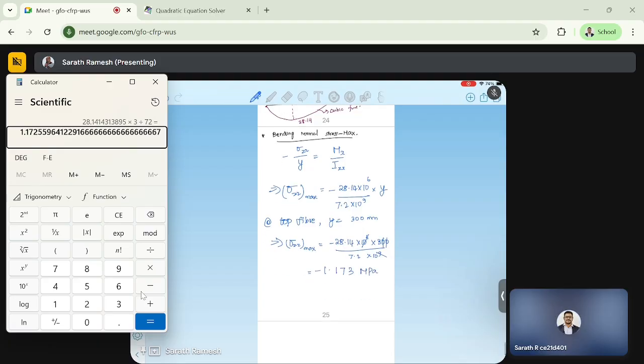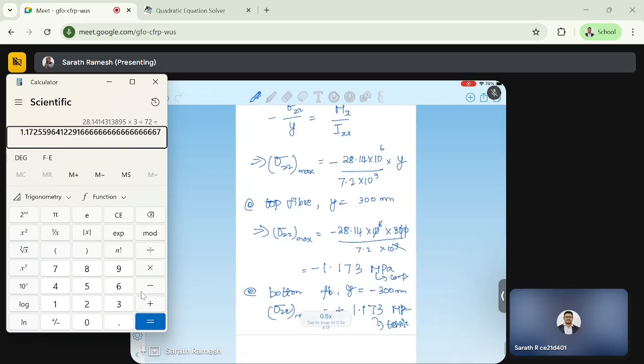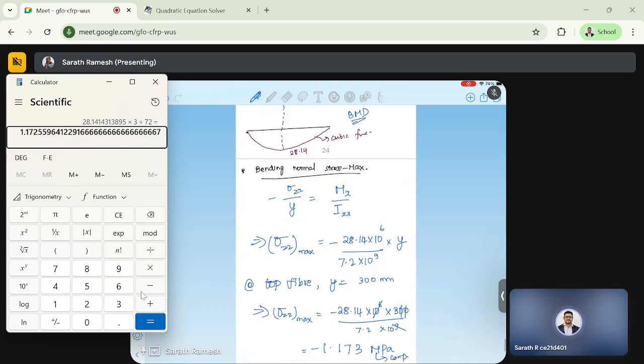Okay. And similarly at bottom fiber, y equal to minus 300. So sigma ZZ max will be plus 1.173 megapascal. Okay, this is tensile. This is compressive, right? Compressive. Okay. So this is the maximum value of bending normal stress.